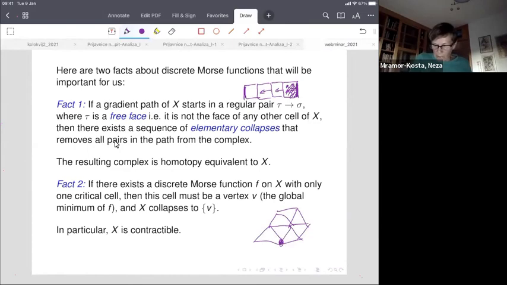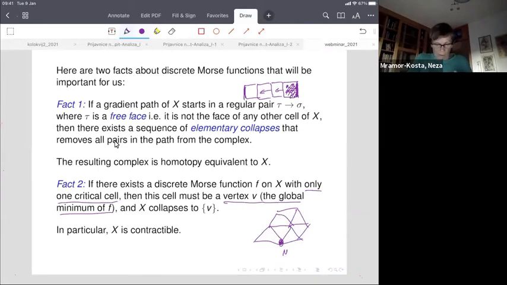So this vertex V, this unique critical cell, if it exists, is going to be the global minimum of the function. So if we have a discrete Morse function with only one critical cell, then this cell has to be a vertex where the global minimum of the function appears, and everything else collapses onto V. Because in this situation, the maximum of the function has to be on a free face of the complex.